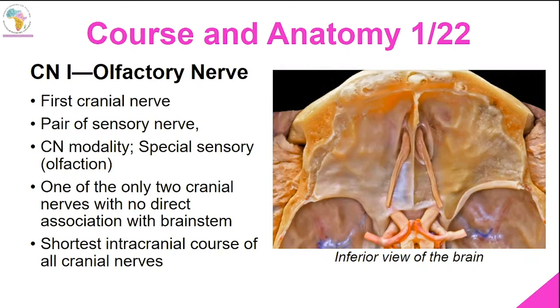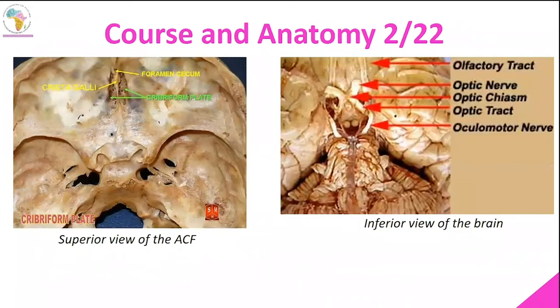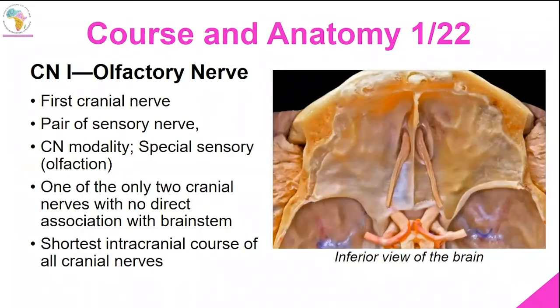So as we can see here, what we have are the olfactory bulbs, and the olfactory tracts projecting from the olfactory bulbs. Just beneath the olfactory bulbs, we have the olfactory nerves coming from beneath.